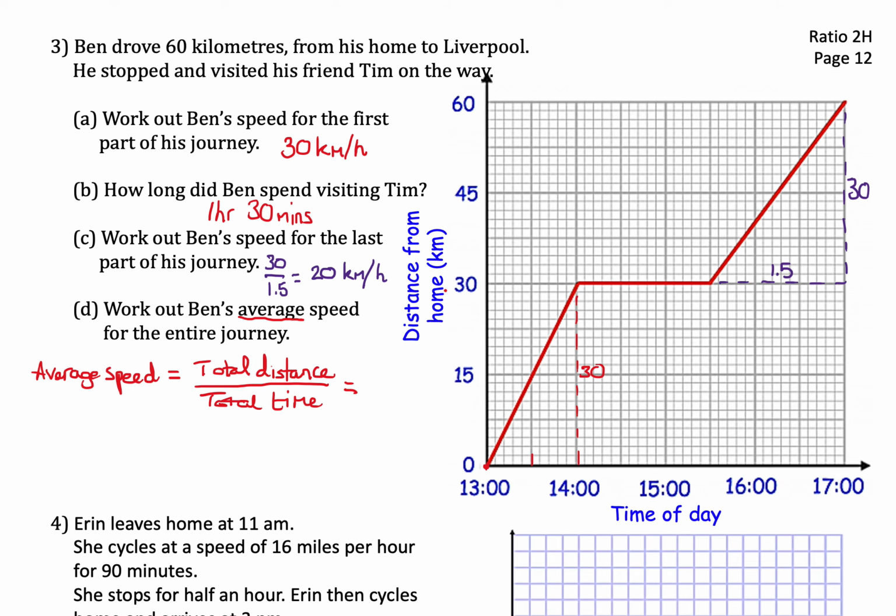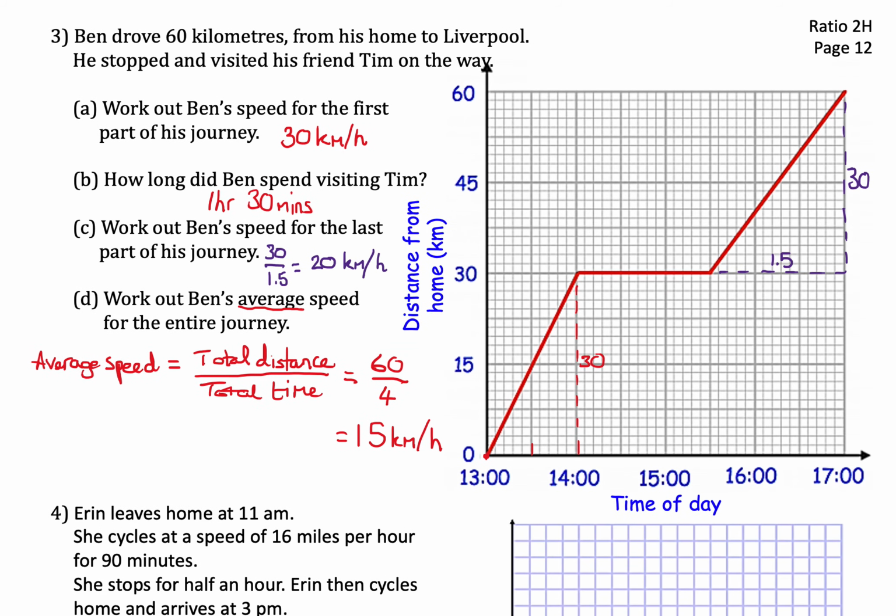So for the entire journey, the total distance covered was 60 kilometres. The total time taken from 1 o'clock to 5 o'clock was 4 hours. So the average speed is 15 kilometres per hour. And that takes into account the time he was stopped visiting Tim, which obviously lowered the average speed, lower than both of these 2 points.